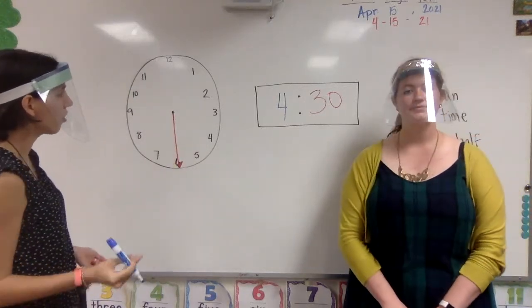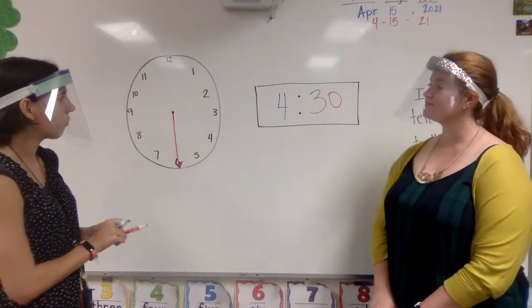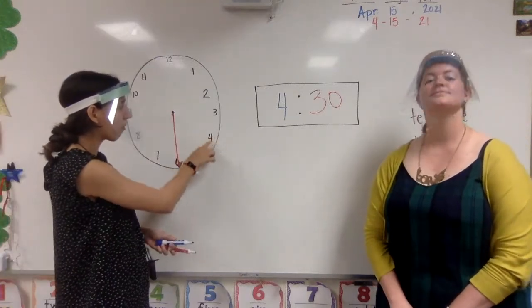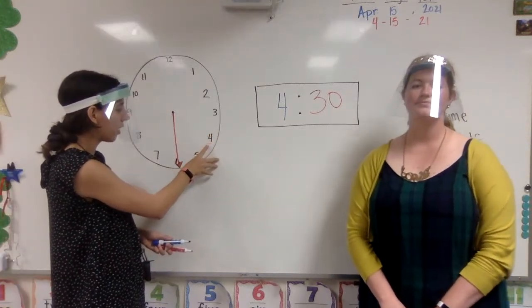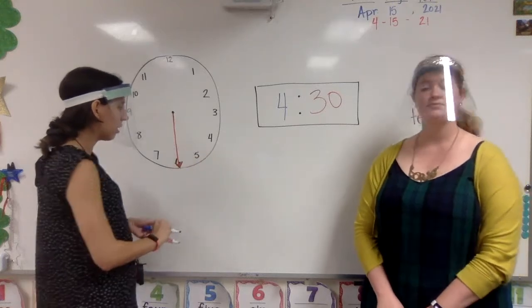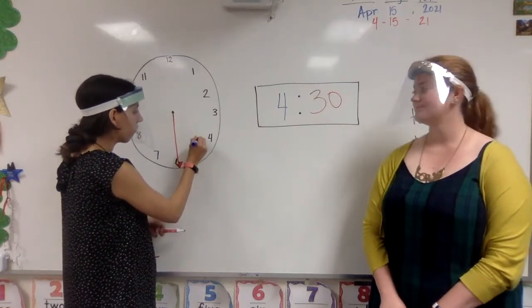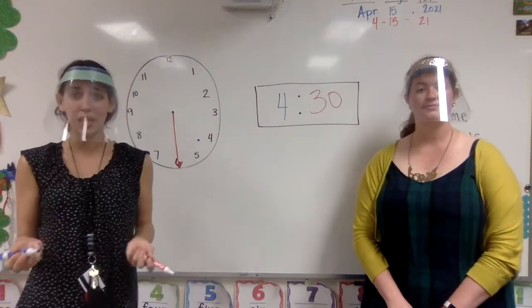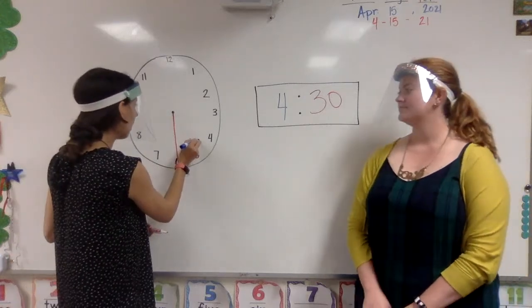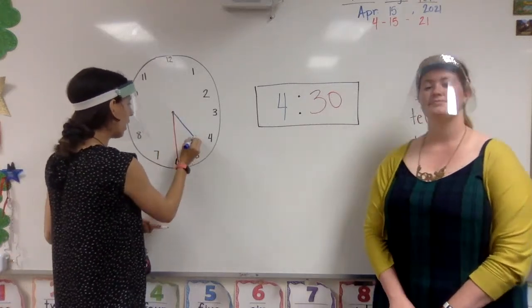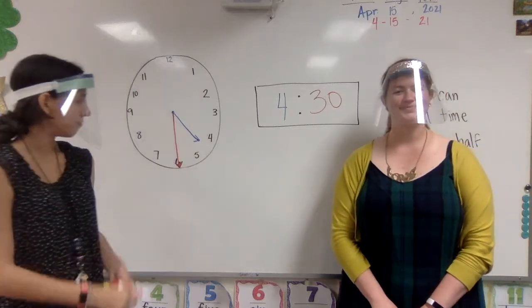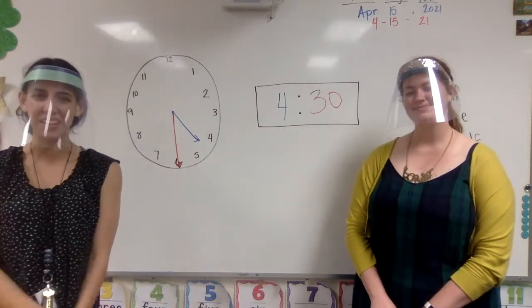And if it's 4:30, I know that we started in the hour 4 and we're making our way to 5 o'clock. So it's going to be in between 4 and 5. So I'm going to use Miss Lime's strategy, draw a dot, and then draw a line going back up and draw my arrow. And that would show 4:30.